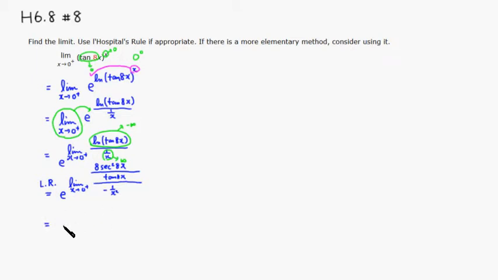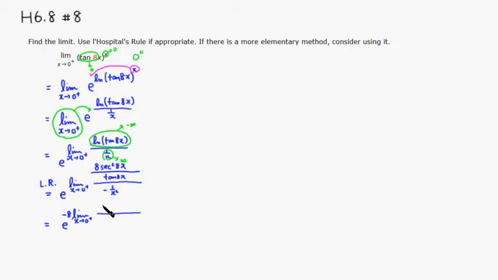So we have e to the limit as x approaches 0 from the right. 8 is just a number, and the negative sign is just a number, so I'll put the negative 8 in front. Then we can multiply top and bottom by x squared so that we don't have a fraction inside a fraction.